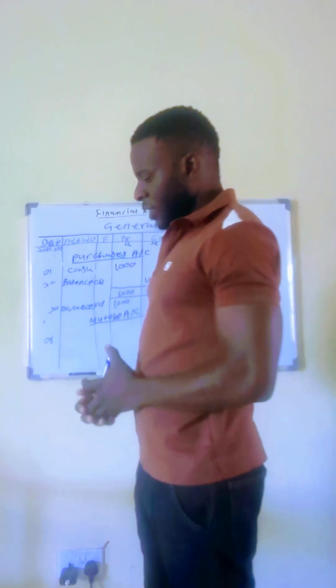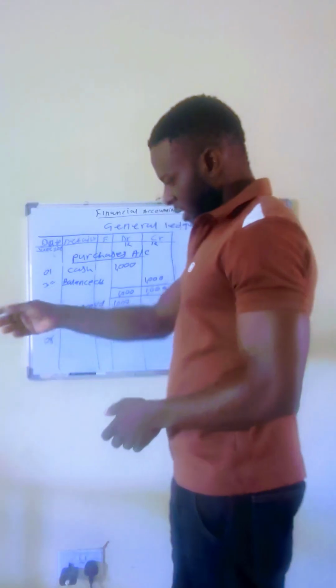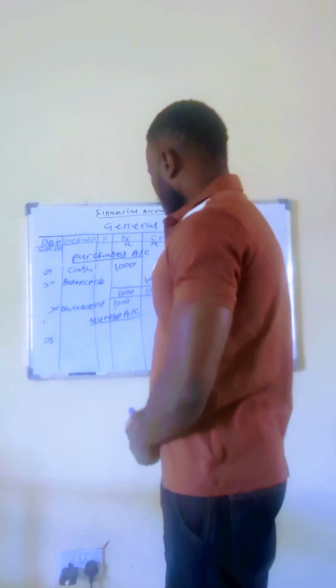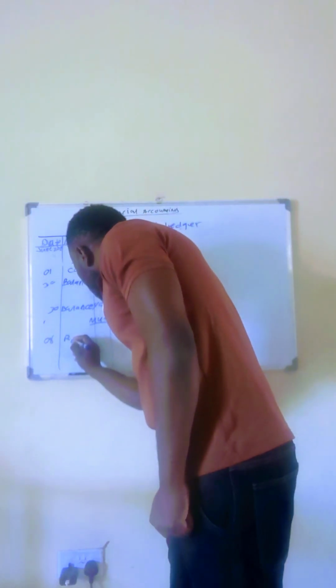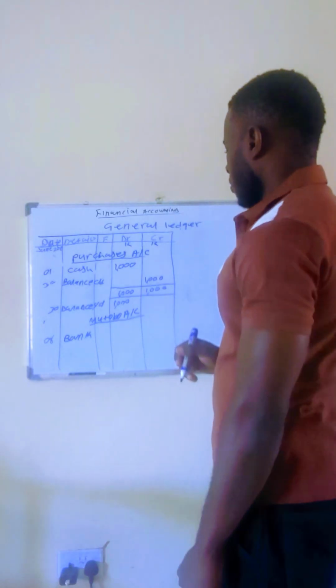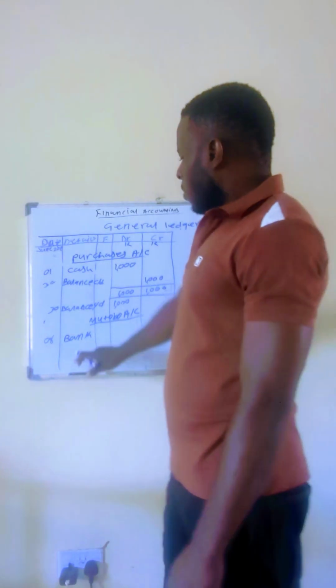So this guy is the receiver, he was receiving. So we are going to credit his account. This transaction is done by check in the bank, so the bank account.